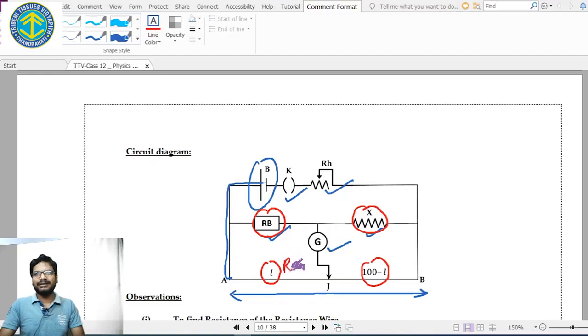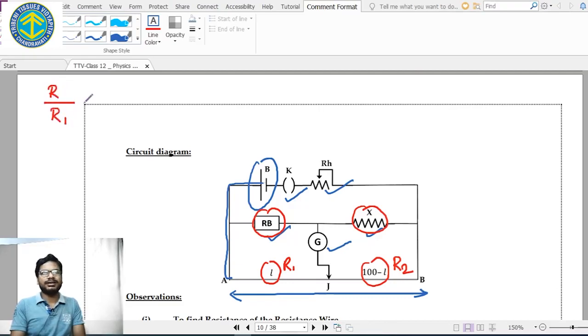We are naming them R1 and R2. So according to the concept of the Wheatstone bridge, we can write that RB, we are just calling it R simply, by R1 equal to X by R2.